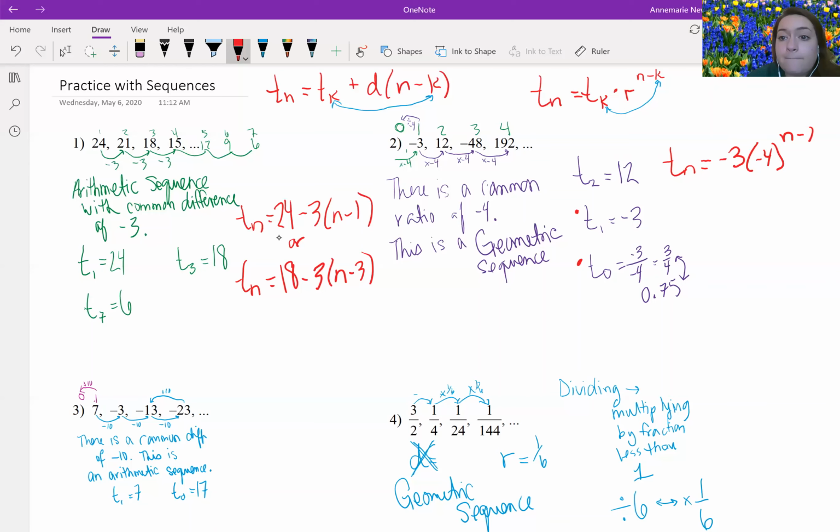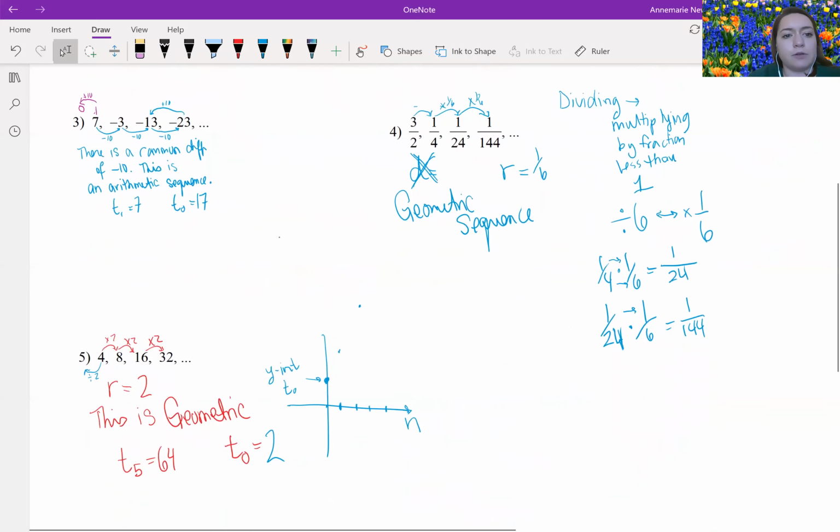Or, equivalently, it means the same thing, it just uses different terms, I'm going to use the 0th term. T sub n is equal to my 0th term, which, you know I like fractions, is 3/4, times negative 4 raised to the n minus 0, but n minus 0 is just n. There you go, same thing.